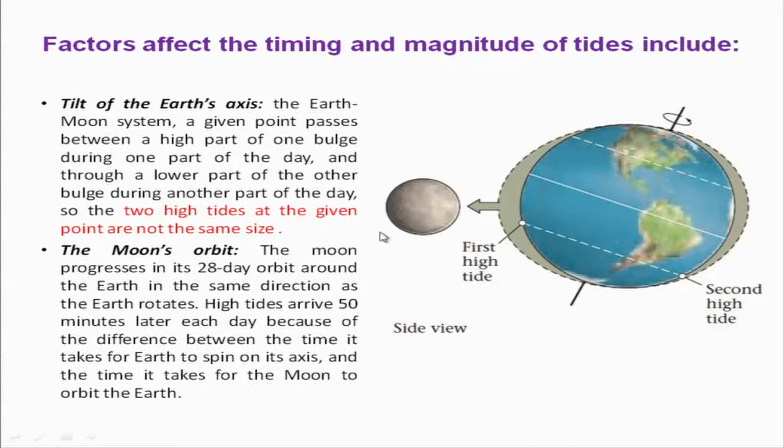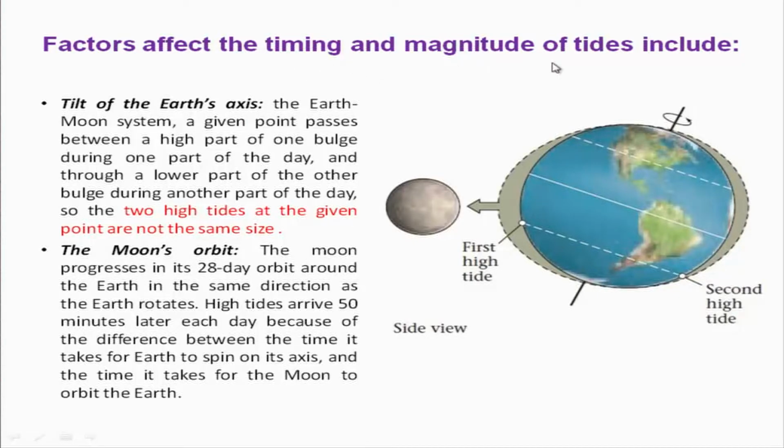So, the time difference of the rotation or the movement will affect the arrival of the waves, the high tide basically. So, these are the two important factors which will affect the tidal height and the timing.